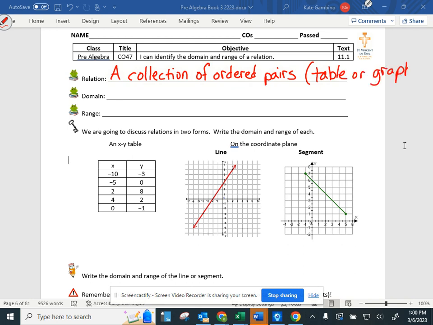So think about those function tables we just talked about and think about how we have ordered pairs for our graph. So that is the relation. So it's the collection of ordered pairs. Our domain are the x values of a relation.